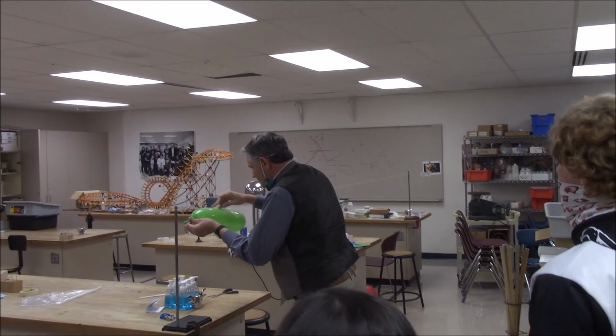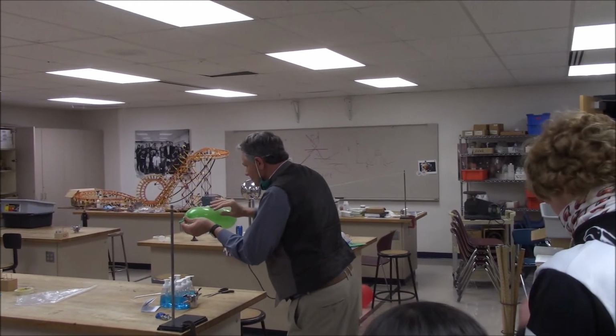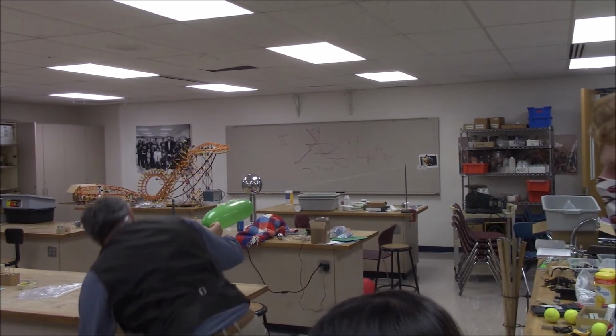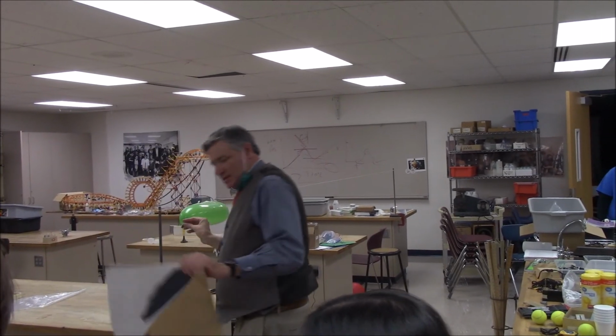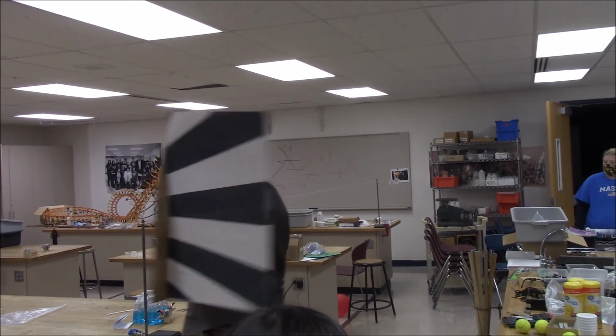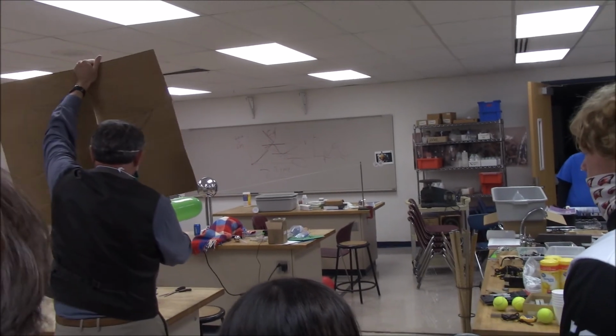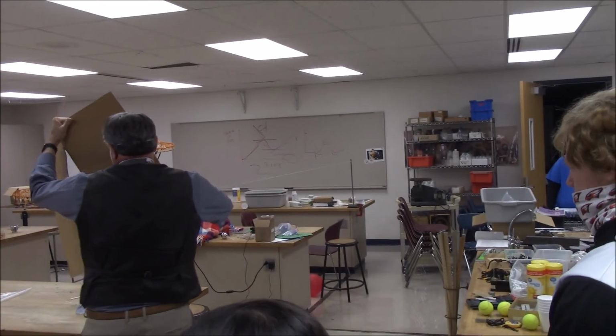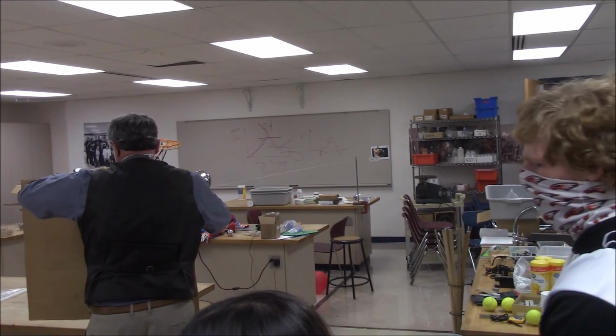Okay, so now we're going to do this one. Y'all let me know in the chat if you can put it all right. But now, I'm going to put up a shield. So now we're going to have a glass shield.